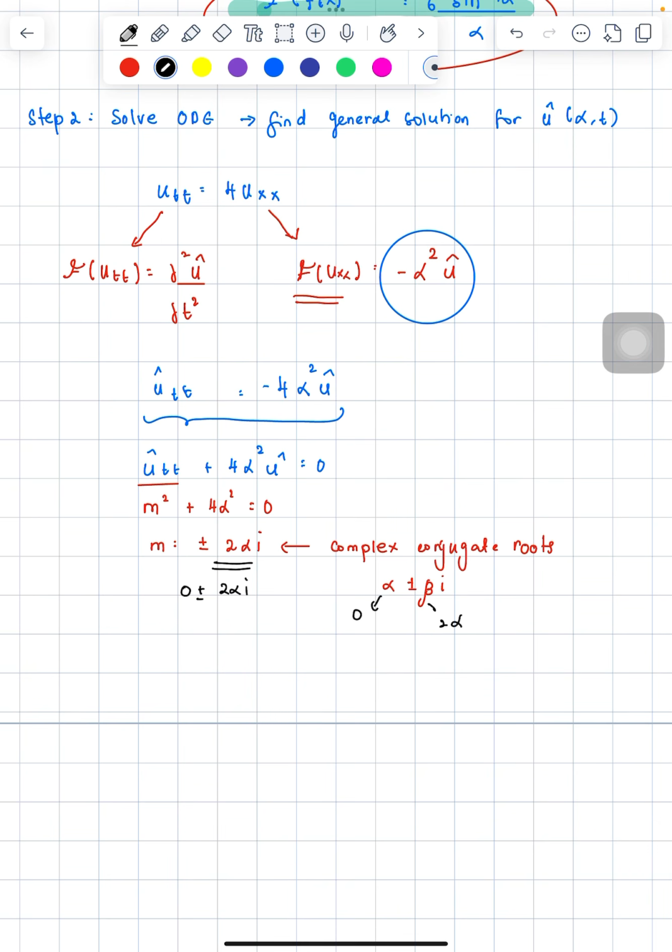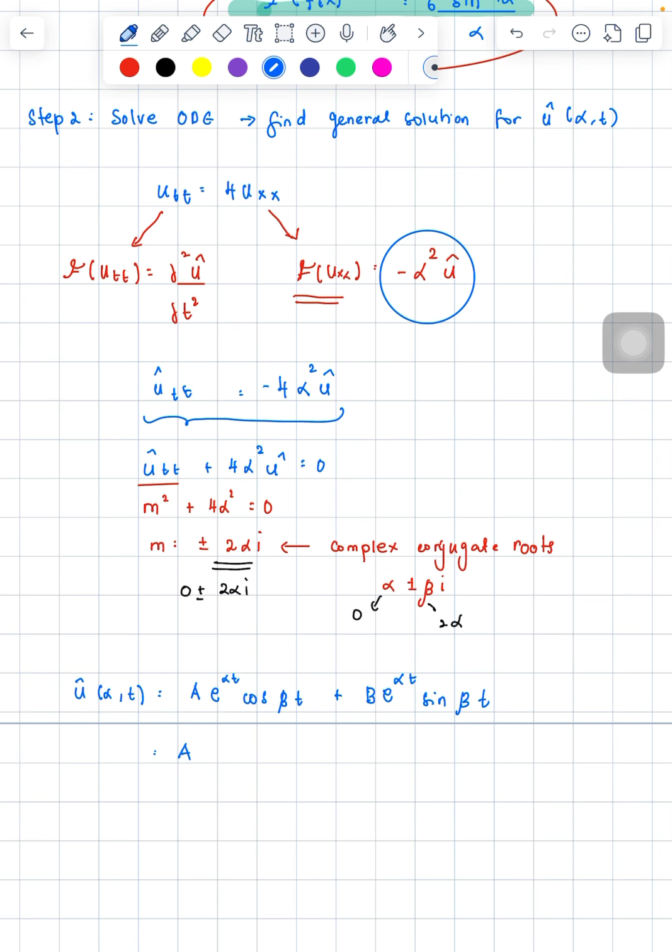So the general solution for u hat (alpha, t) for a complex conjugate root is a e^(alpha t) cos beta t plus b e^(alpha t) sin beta t.